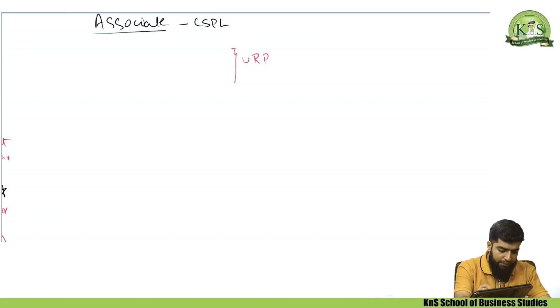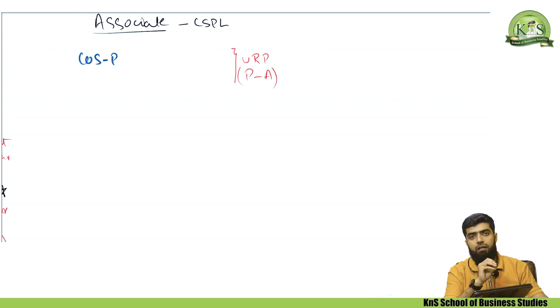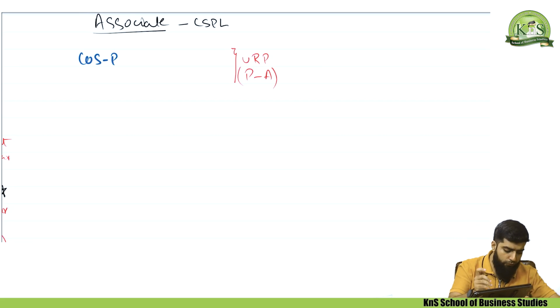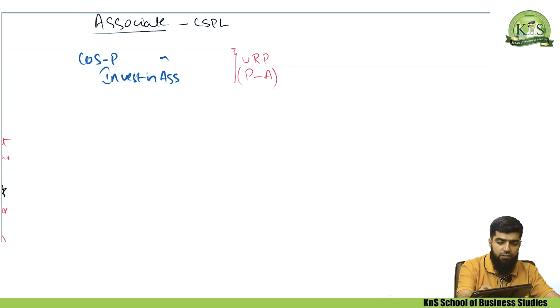If the unrealized profit is in the scenario of parent selling to associate, the adjusting entry would be: cost of sales of P company will be debited, as the profit in the books of the parent company needs to be reduced. In order to reduce the profit, we increase the cost of sales of the parent company. The other adjustment will be on investment in associate, and this will hit the balance sheet side.